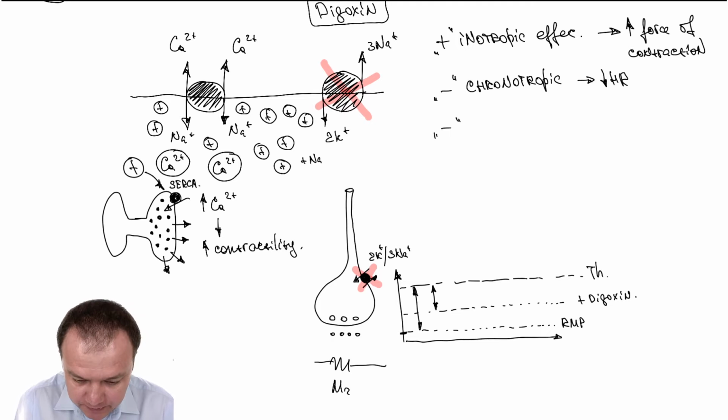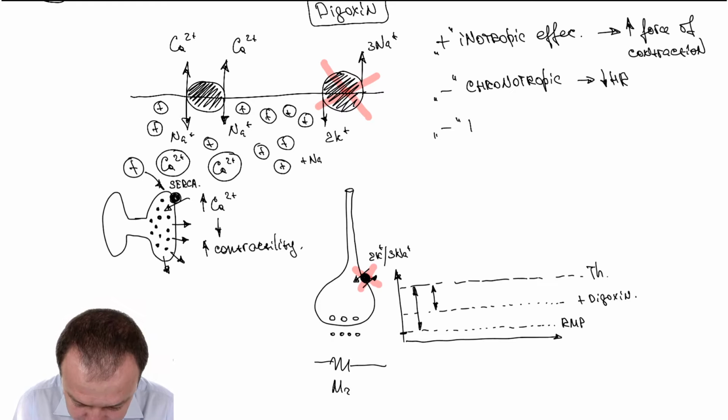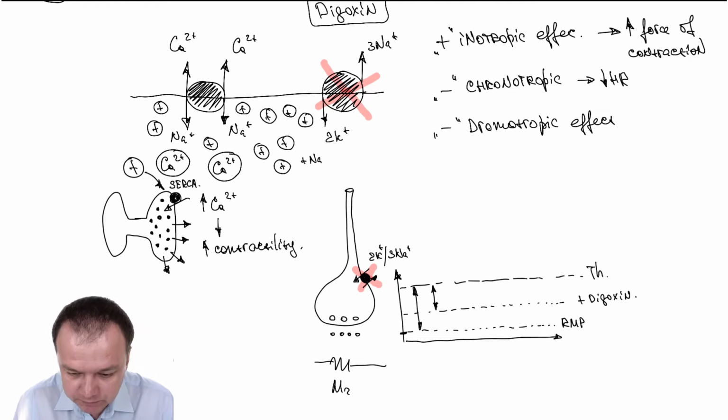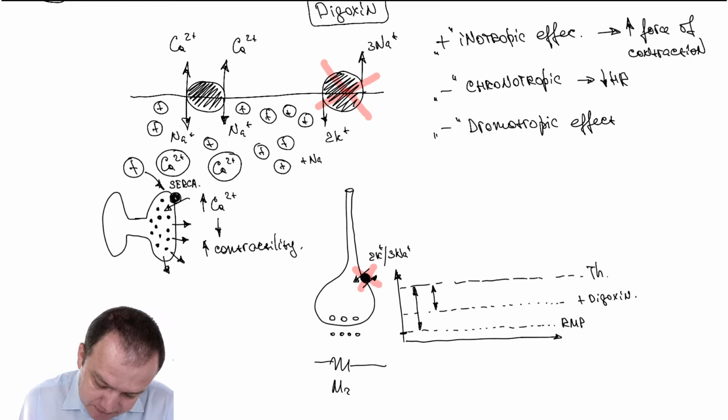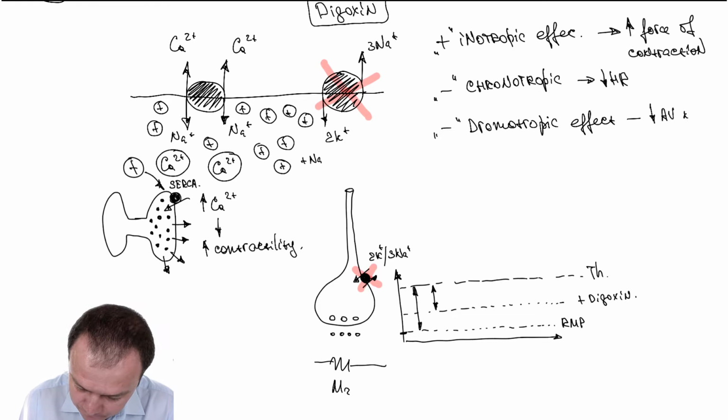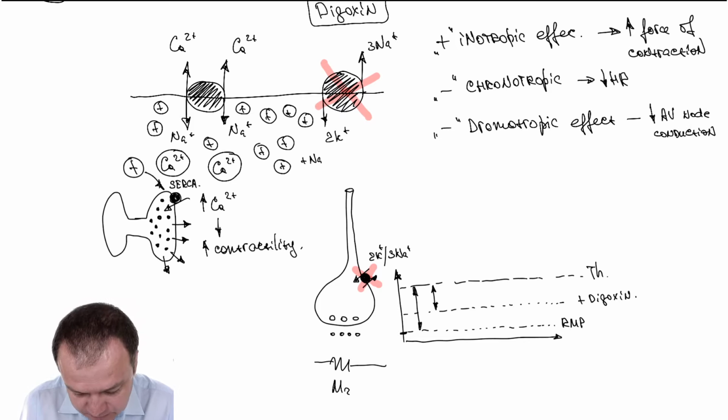Also, activation of these M2 receptors in the AV node causes negative dromotropic effect, as it decreases speed of conduction in AV node. And produces positive batmotropic effect.